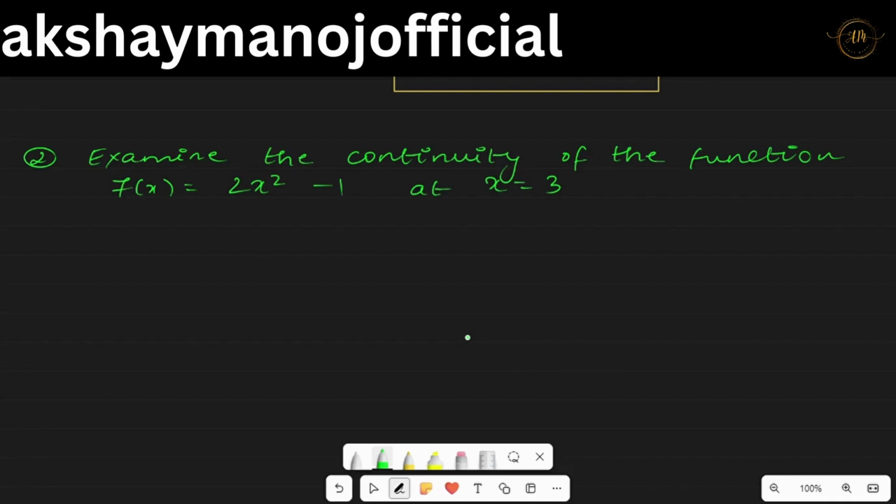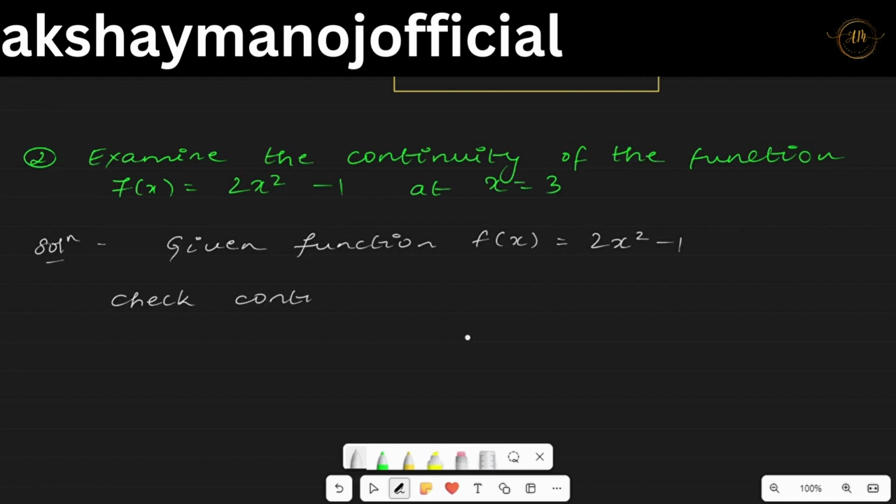Yes guys, can you all do this? Those who can't, do follow this. First we are supposed to write the given function, 2x square minus 1. Then we have to check continuity at x equals 3.